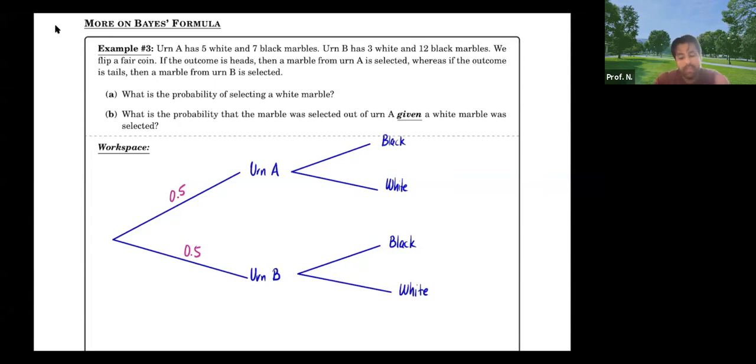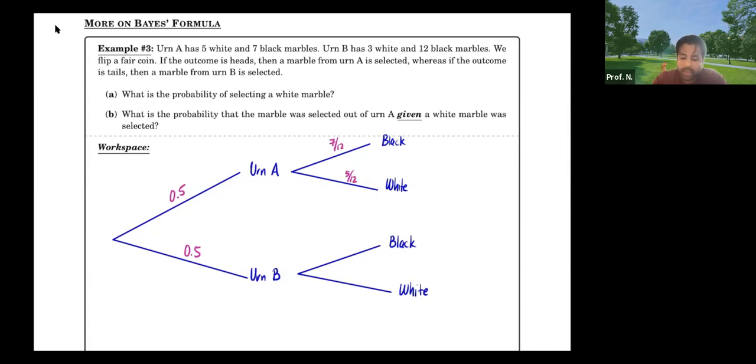Now, given that I selected urn A, what's the probability of me selecting a black marble? Well, how many black marbles do I have? I got 7, and the total number of marbles in this urn is 12. So the probability should be 7/12. And then for the white one would be 5/12.